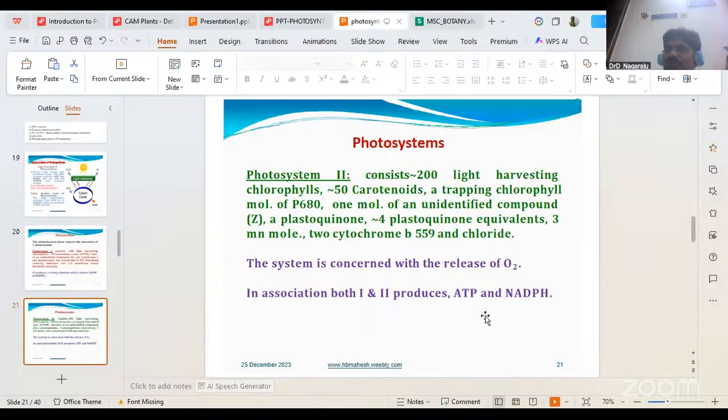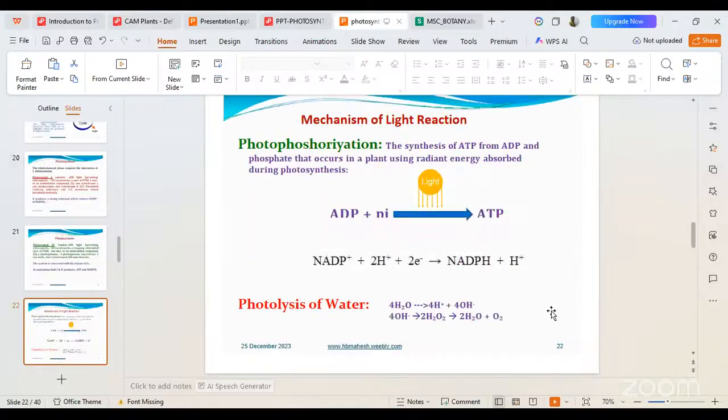Light harvesting complex, photosystem 1 and 2. What are there? Chlorophyll, that means pigments: chlorophyll, carotenoids, and phycobilins, and photosystem 1 and 2. These all are the light harvesting complex. Okay, and we go to the mechanism of the light reaction.